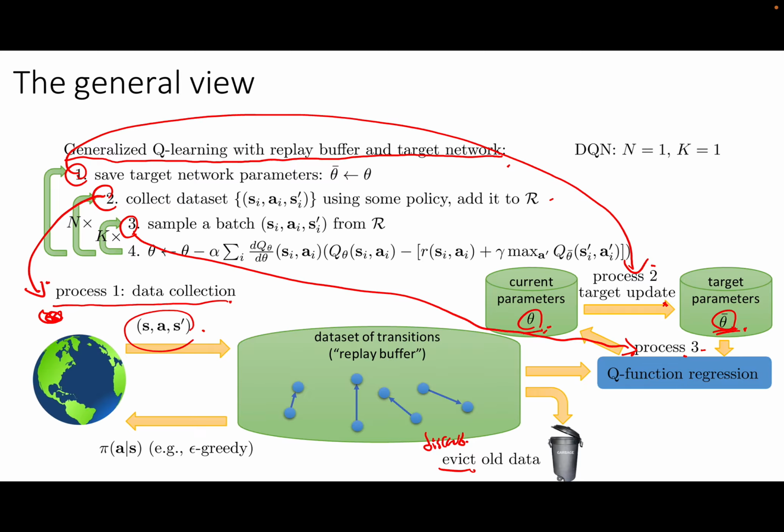So the classic DQ network is a case where n equals 1 and k equals 1. So every step we update the target network, and every step we only update our theta once. That is a classic DQ network.